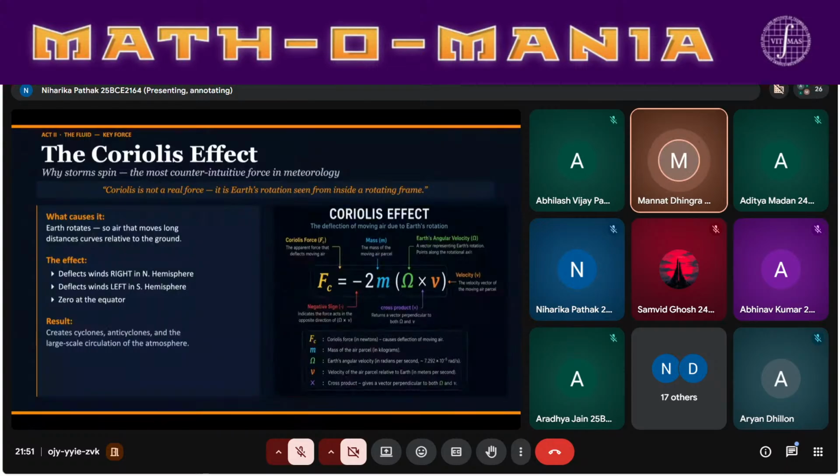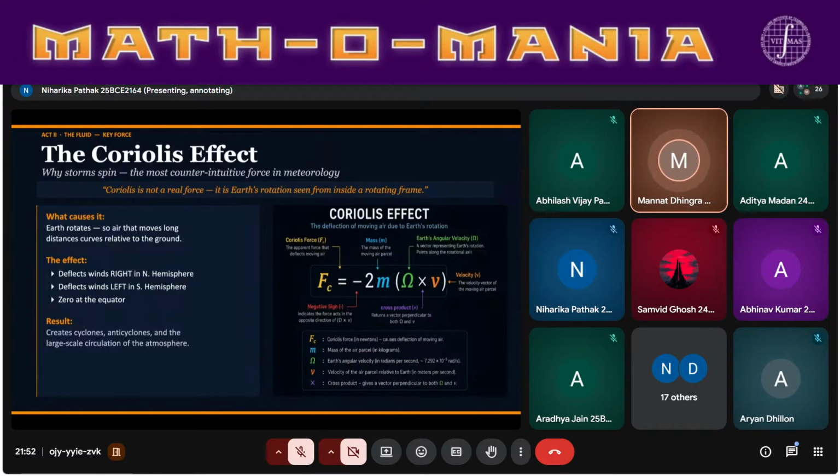So now let's say that Earth never rotated. If Earth never rotated, the air would move in straight lines. But now, since Earth is rotating, there is some kind of deflection that is coming, causing the air to move in curved motions. So that deflection is basically the Coriolis effect.